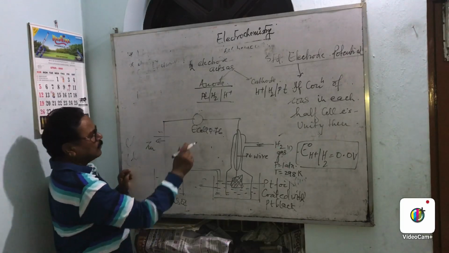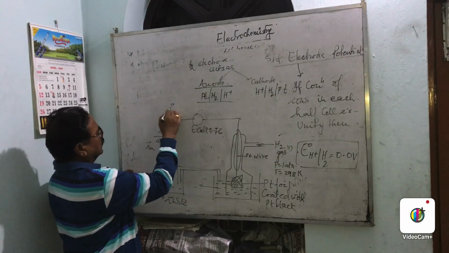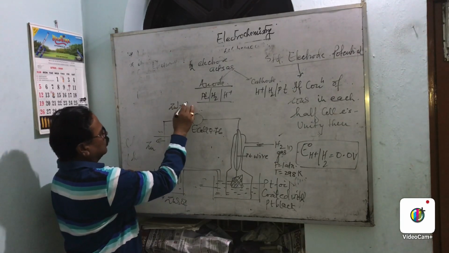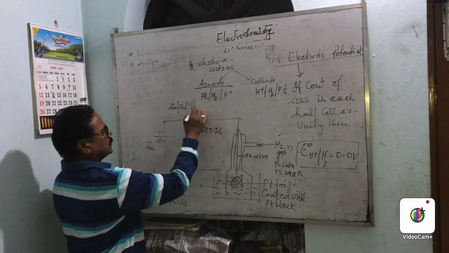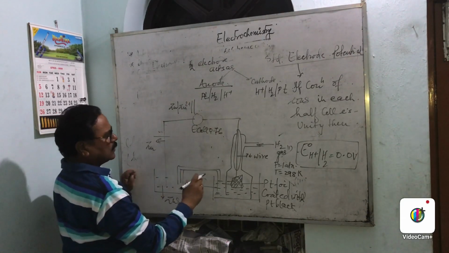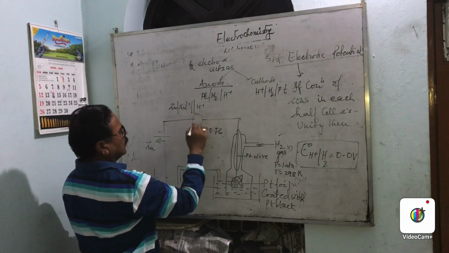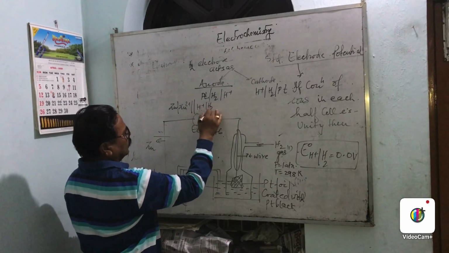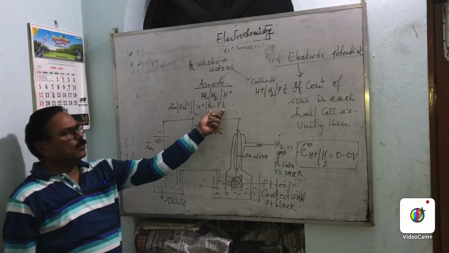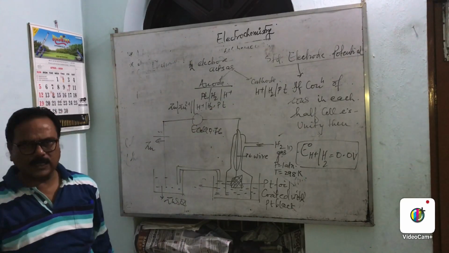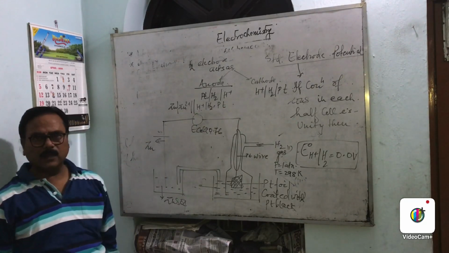So what we will see here in that compartment, this is written as Zn, and this is Zn2+, and this is the salt bridge representation, and here the reduction is happening. This is H plus, and this is H2, and this is Pt, because Pt is a noble metal. That's why it is used as an electrode for setting up the electrode, because the noble metal does not react.